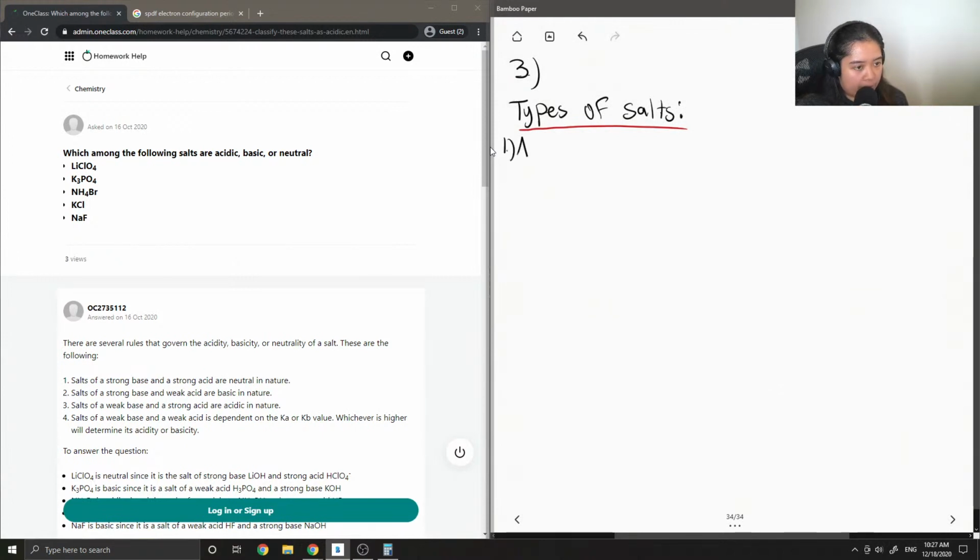When you have an acidic salt, this is made from a strong acid plus the salt of a weak base.